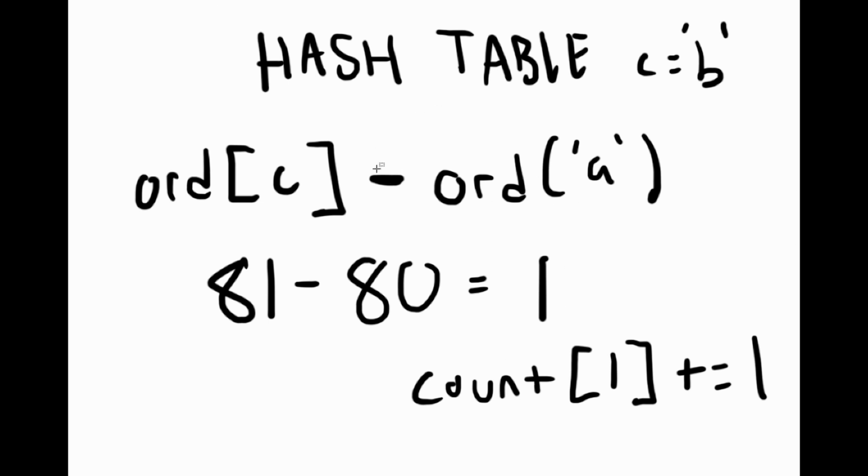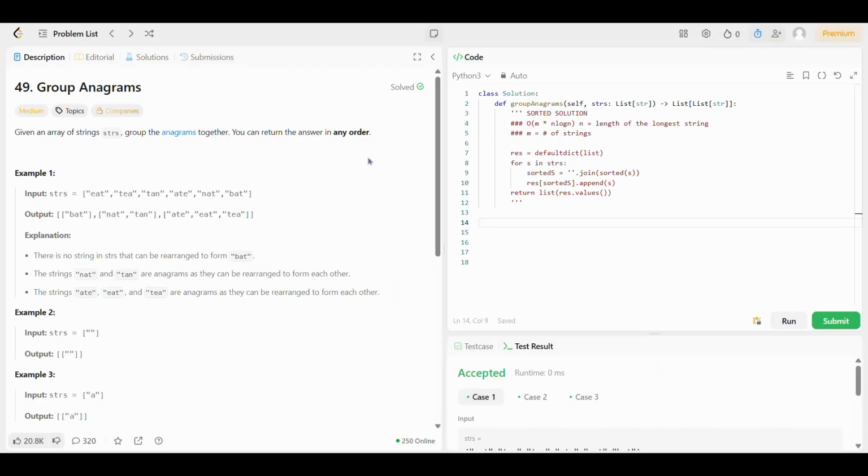There'll be different strings, but they'll be a part of the same count array. So let's take a look at what that would look like in code.